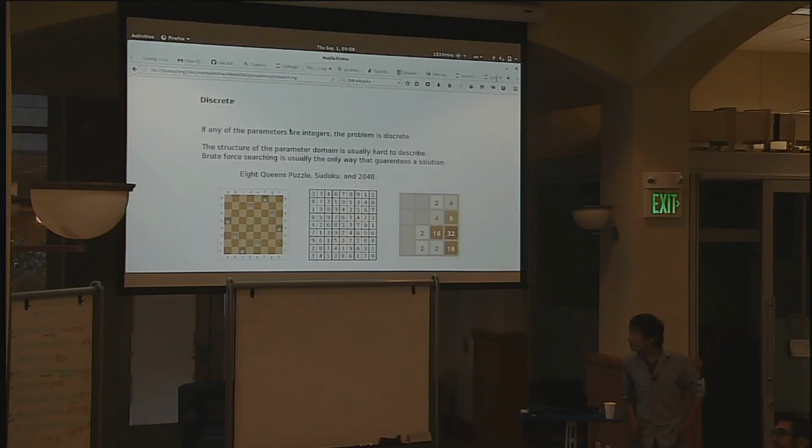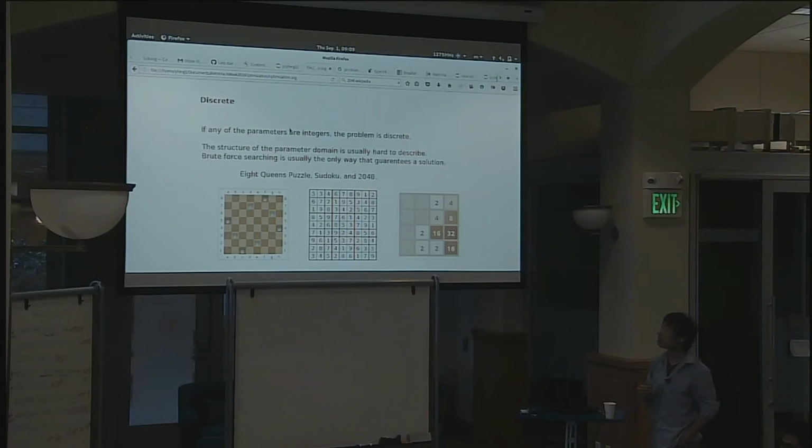So another big class of optimization problem is the discrete problems. If any of the parameters are limited to integer domain, then the problem is discrete. And usually in a discrete problem, the structure of the domain is hard to describe because you hop from point to point, and how do you infer anything when you do the hop?